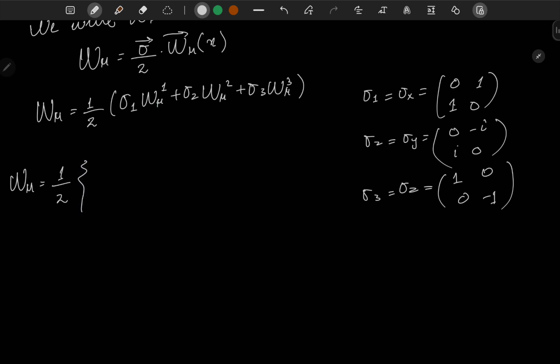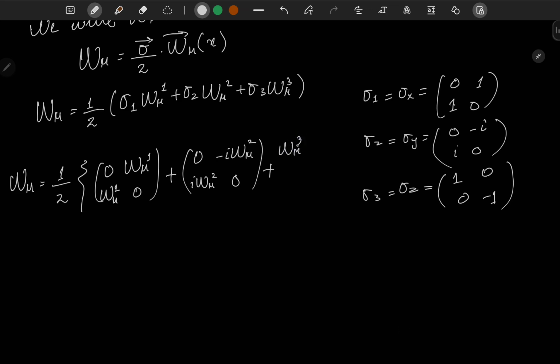So when we multiply w mu 1 with sigma 1, we get 0 w mu 1, w mu 1 0, plus 0 minus iota w mu 2, iota w mu 2 0, plus w mu 3 0, 0 minus w mu 3.